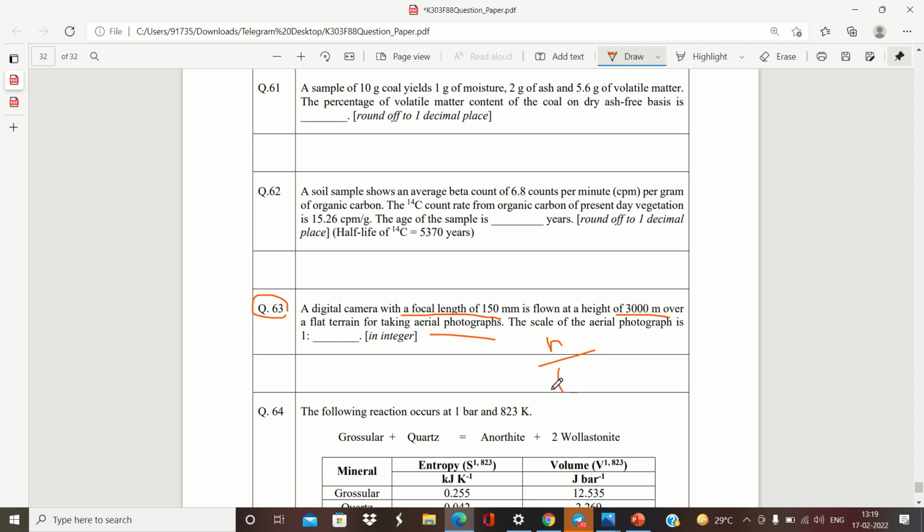Okay, so simply you will divide your 150 millimeter by 3000, but you have to take care, you have to convert this millimeter into the meter. Okay, so hence your answer will be 1 is to 20,000. Okay, 1 is to 20,000, this will be your right answer.